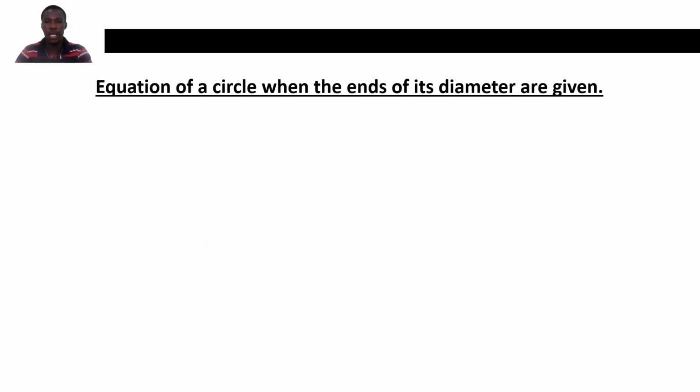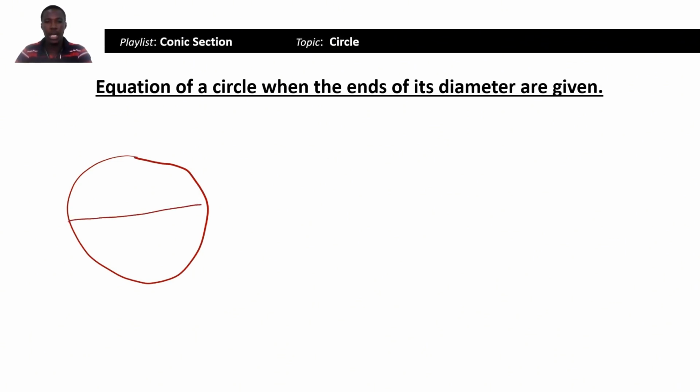Equation of a circle when ends of diameter are given. Okay, so when we are given a circle and a diameter like this, we happen to get the end points of the diameter given as, let's say, (x1, y1) and then another one (x2, y2).